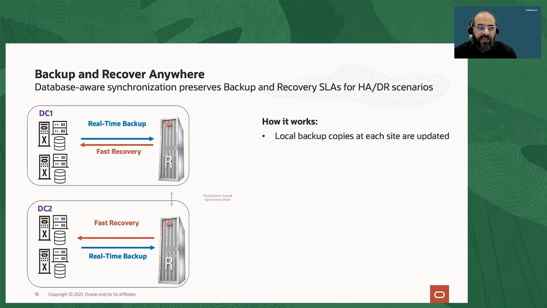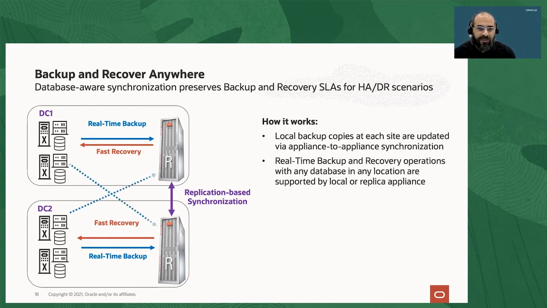So basically, Data Center 1 will send its local backups to its ZDLRA and can recover from its own ZDLRA. Data Center 2 can do the same for its own ZDLRA. There is replication and synchronization between Data Center 1 and Data Center 2 at the ZDLRA level.